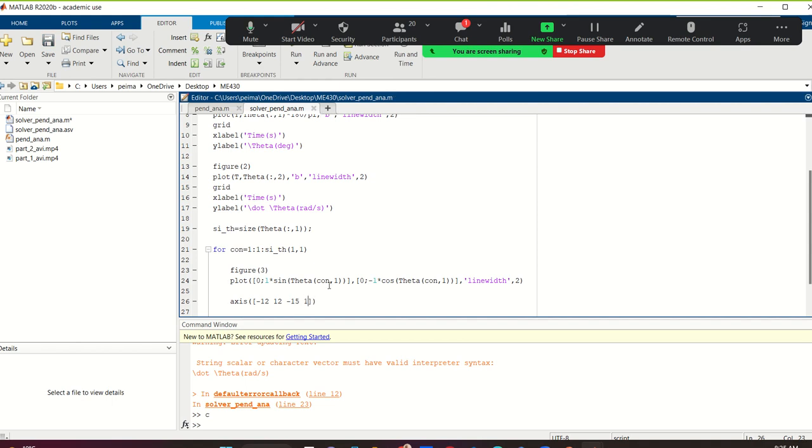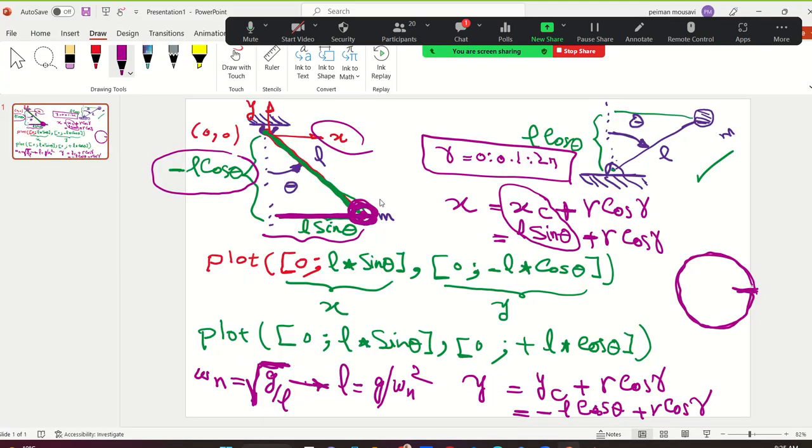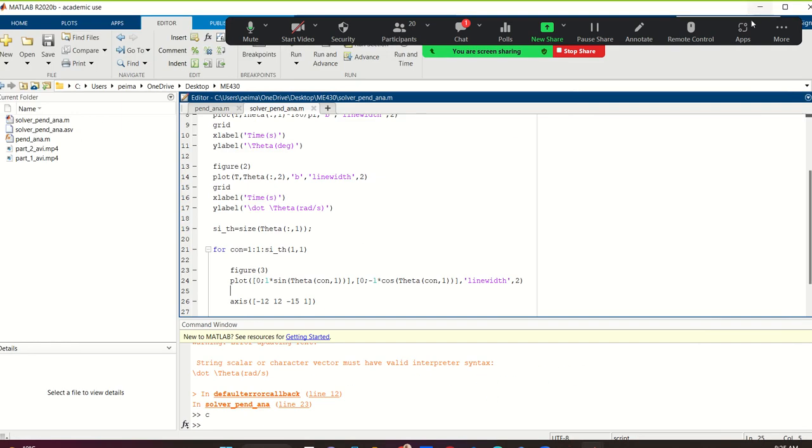Okay, now I have to plot this circle here. What I'm gonna do, I'm gonna first define the x of the circle and the y of the circle. As I told you, you have to define x of circle. Okay, I'm saying 1 because I'm gonna go to the inverted pendulum.